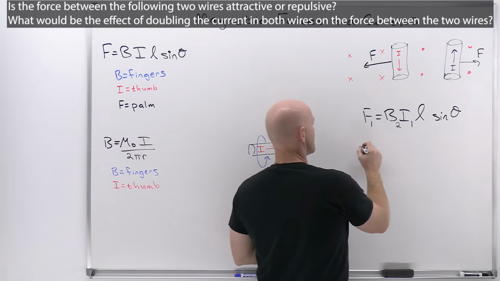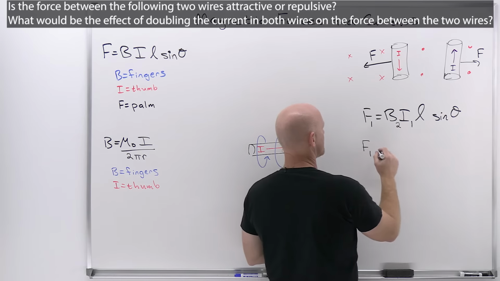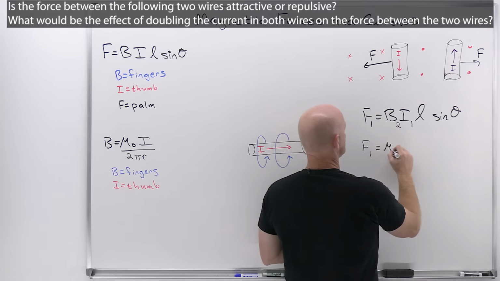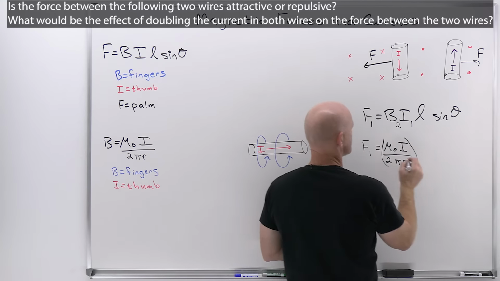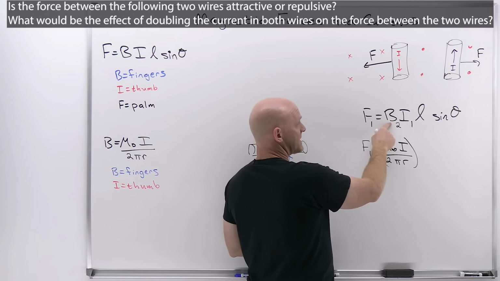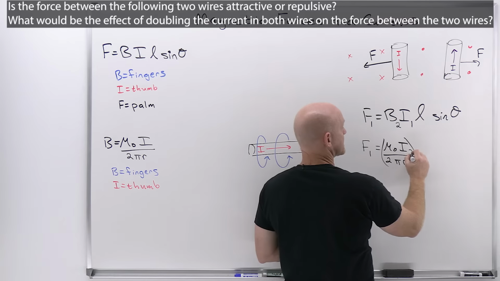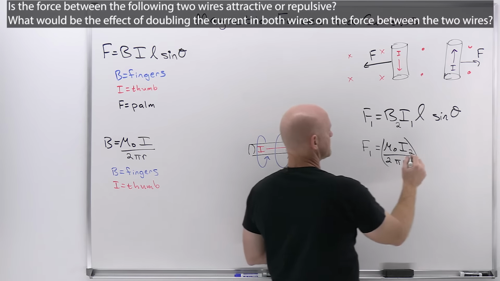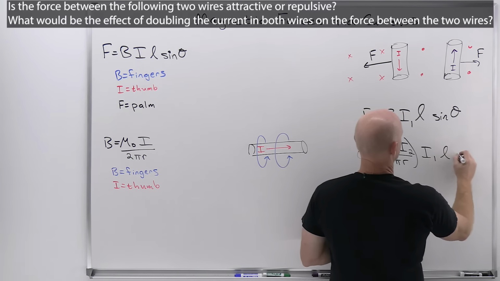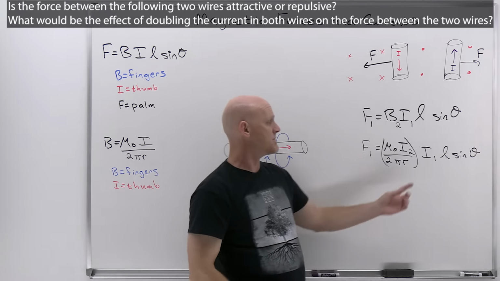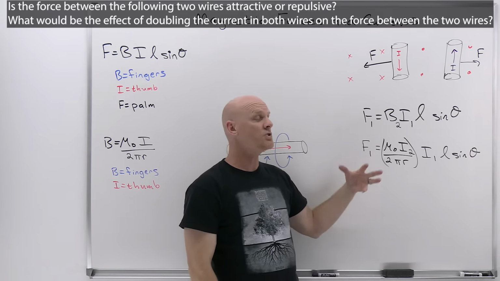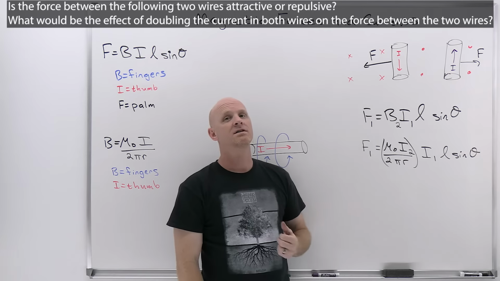So I'm going to substitute that in, and I'm going to have the force felt by wire number 1 is equal to mu naught I2 over 2 pi r, where it's the magnetic field created by wire number 2, which involves the current in wire number 2, and then again times I1 L sine theta. And all of a sudden, now we see that both I1 and I2 actually indirectly show up in the force felt by either of them.